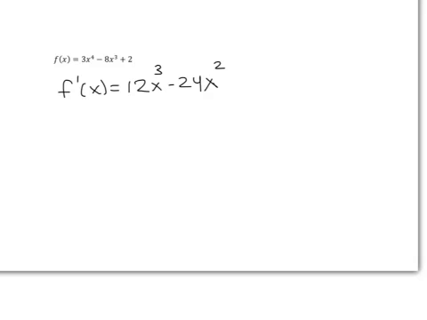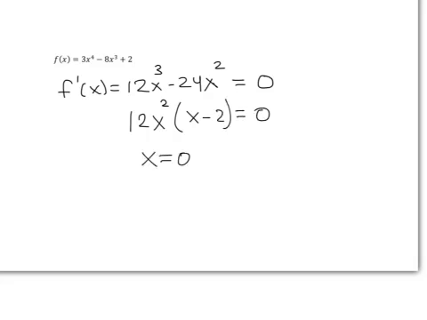All right, again, by setting it equal to 0, we're finding the horizontal tangent. This can be factored. What do they have in common? They have 12x squared in common, so we are left with x minus 2 equals to 0. So x has to be either 0 or x has to be 2 in order to make the equation 0.